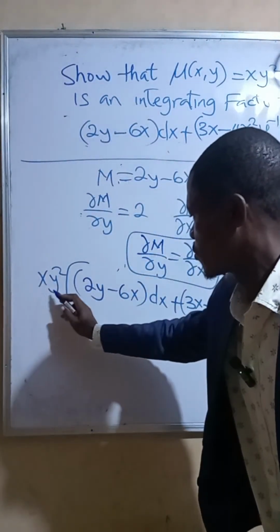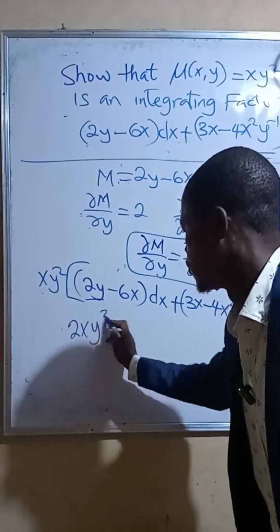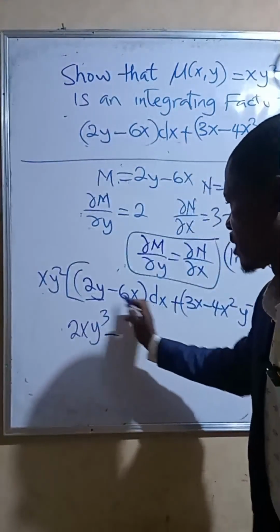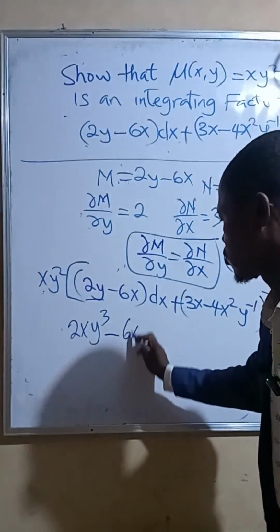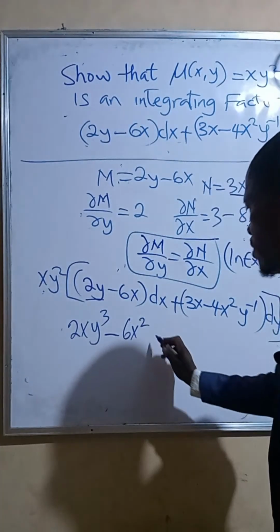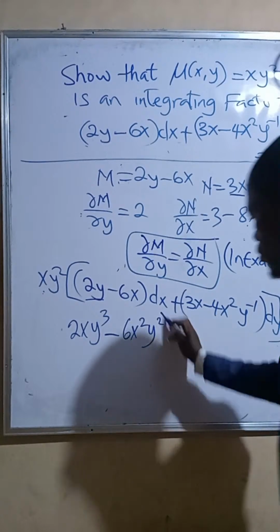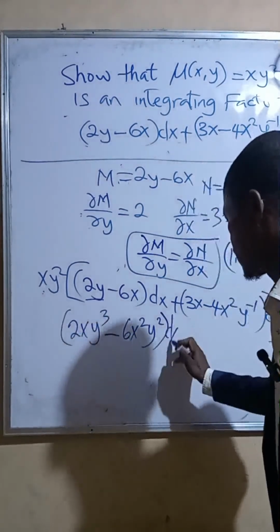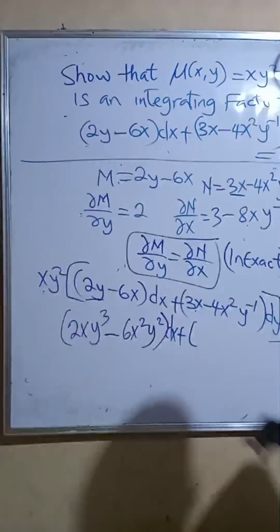So x times y squared times 2y, that will be 2xy cubed, minus 6x times this x y squared, that will be 6x squared y squared, close the bracket, dx, then plus. Do the same thing also for this one.